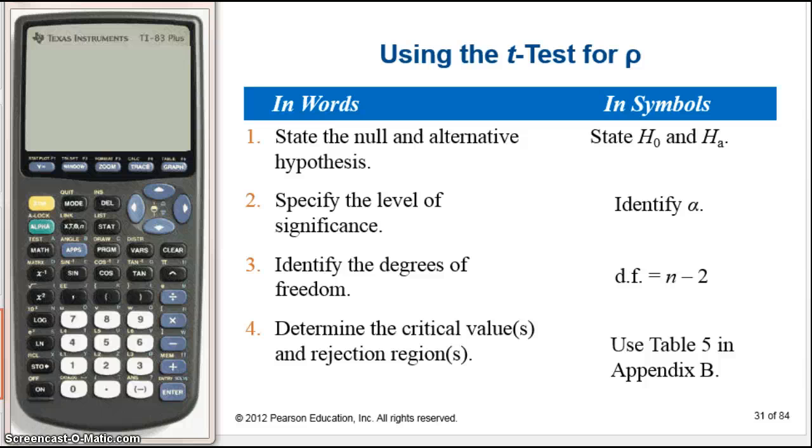Step 3, the degrees of freedom is n minus 2. Step 4, what are the critical values? You'll get those critical values from the UB Learns critical value calculator. And because it's a two-tailed test, you're going to have a positive critical value and a negative critical value.